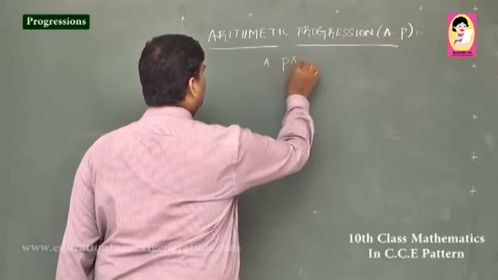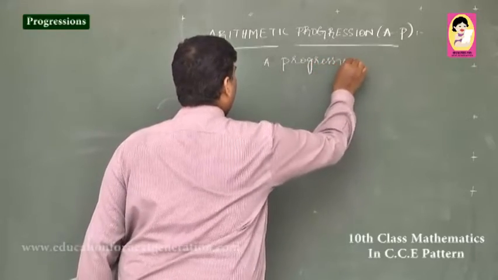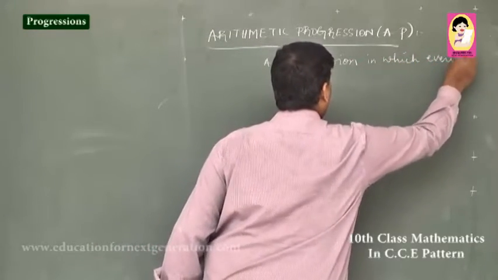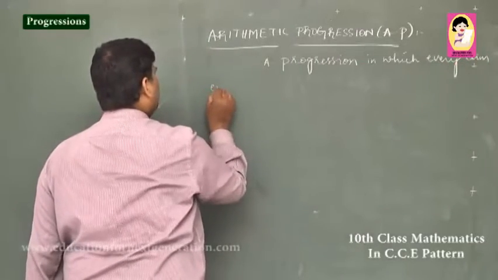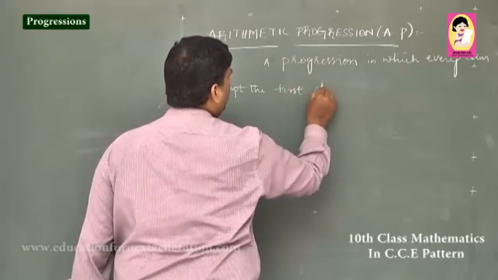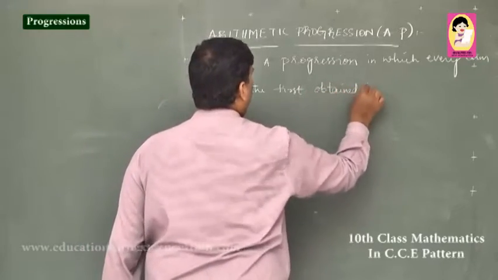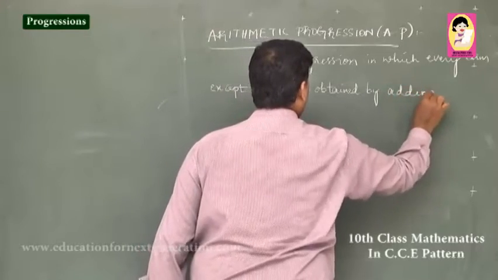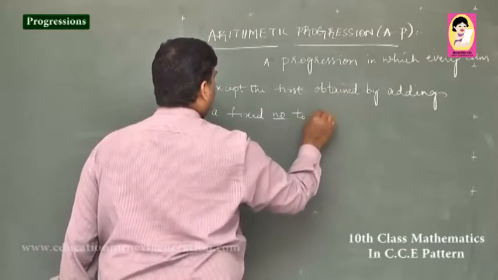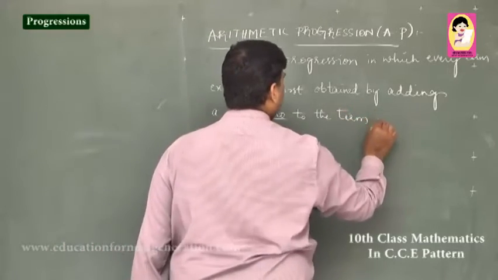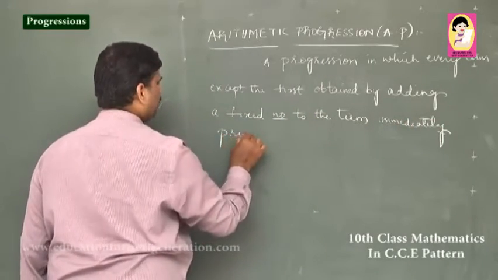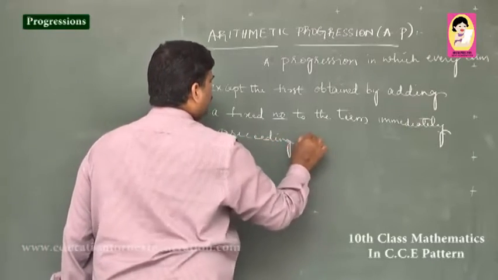A progression in which every term except the first is obtained by adding a fixed number to the term immediately preceding it.